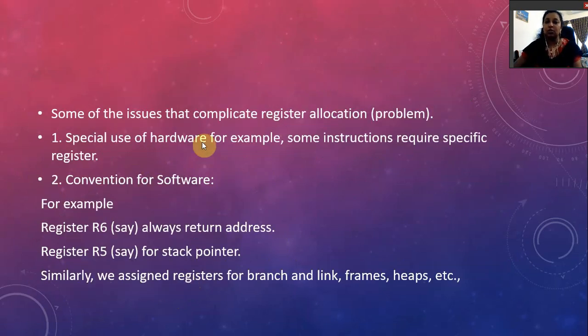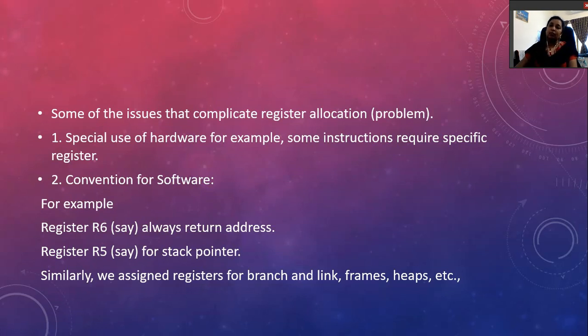So the issue also goes with the hardware. For some instructions, only certain registers can be used. So you have specific registers which are allotted for some instructions, and therefore we don't have any other choice. That is number 1. Number 2, there are software constraints saying, for example, R6 is always used for a return address.